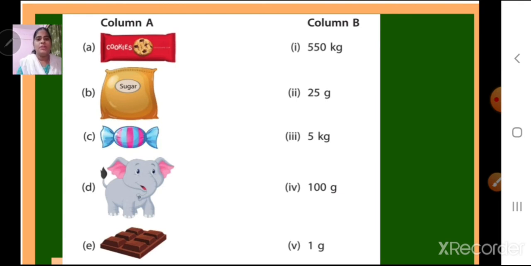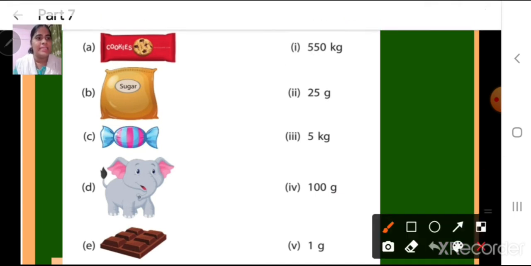So now first let us think about which is the heaviest of all. Okay, now in column A, the heaviest of all, I can see an elephant, obviously, right? And in column B, the weight which is the most is 550 kilograms, correct? So elephant, match it with 550 kg.